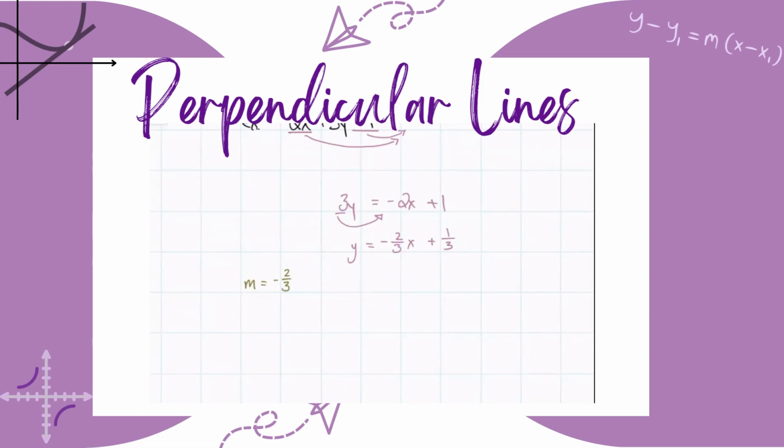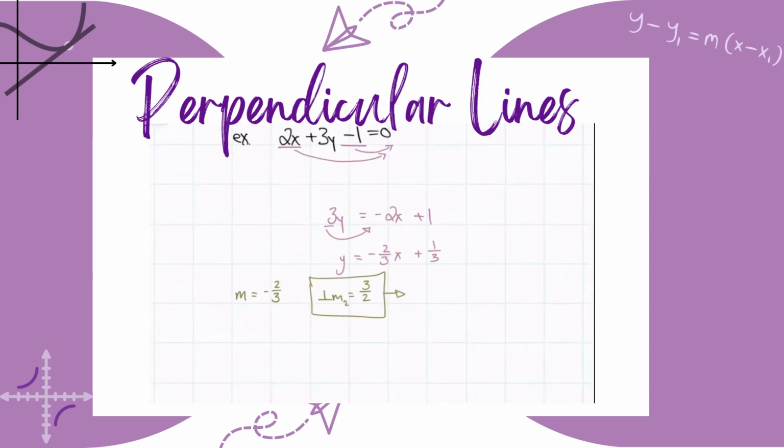Okay, so what would be the perpendicular slope? It would be +3 over 2. Good. And now that we have this, we could figure out the equation of another line that's perpendicular to the line that was given.